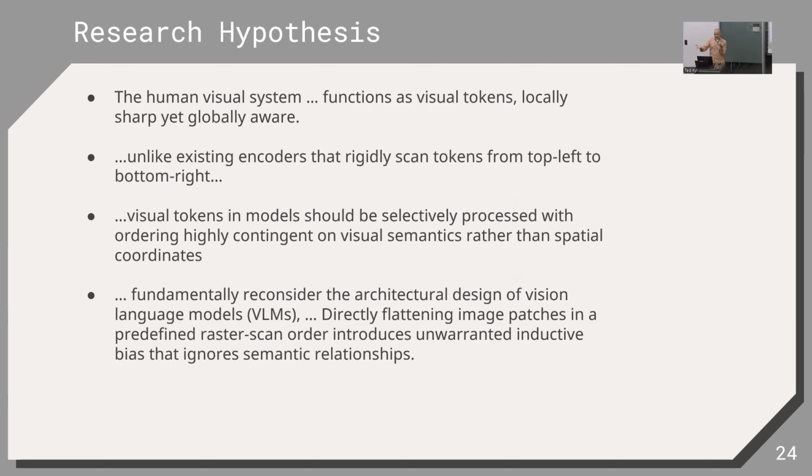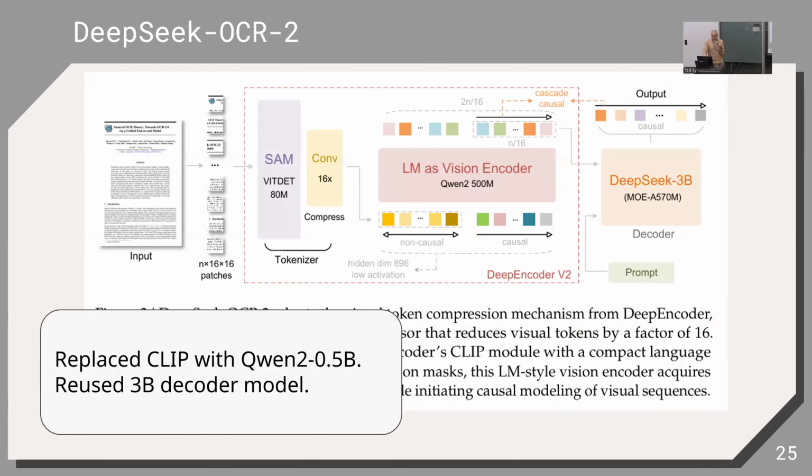So again, rather than go top left to right, top to bottom, try to learn what's important on the page. And their goal is to reconsider the architecture of these VLMs rather than flattening the images. They feel that that creates a bias and it ignores the way people actually read papers.